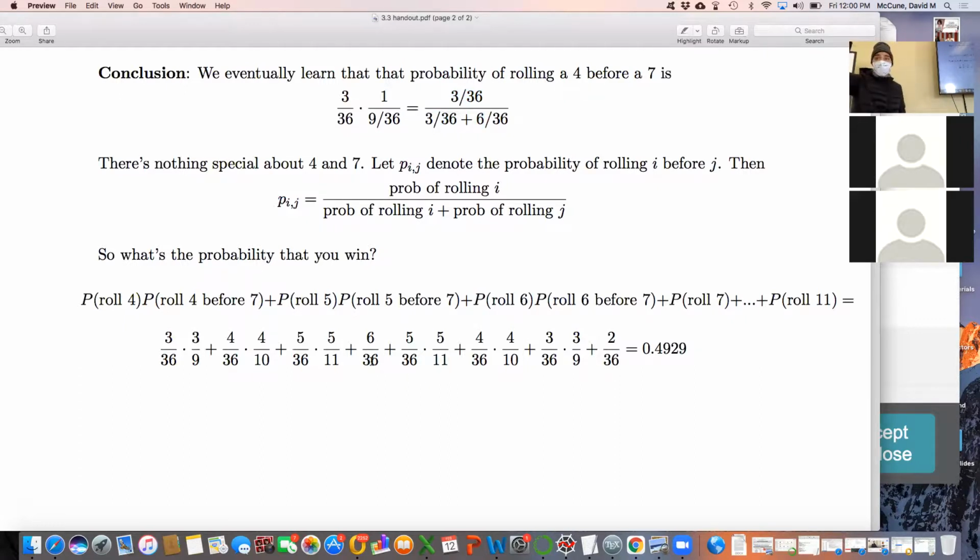If you roll a 7 straight up, it just terminates. You don't go into phase 2. So there's no multiplication there. And then here's 8 first, 9 first, 10 first. Here's your 11, right? If you rolled 11 up front, you're done. So if you add all those things up, all these branches in the tree, you end up with a probability very close to 50%, all right? But not quite. So it's just slightly biased against you.